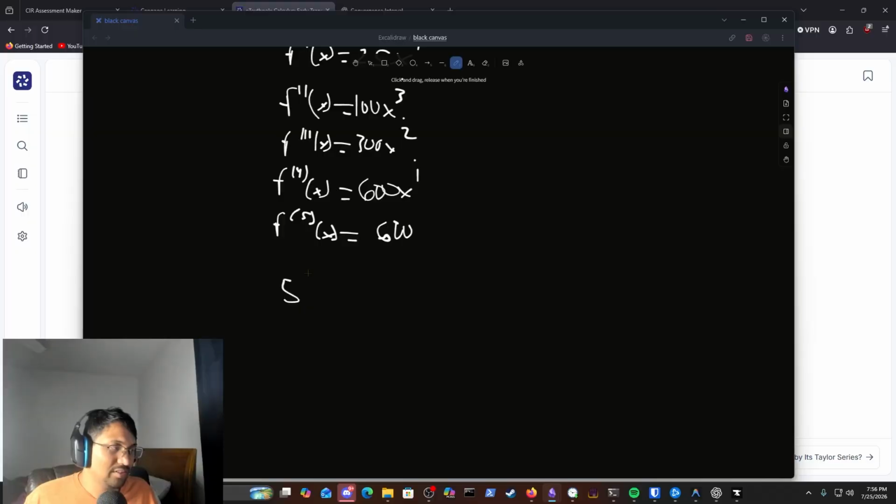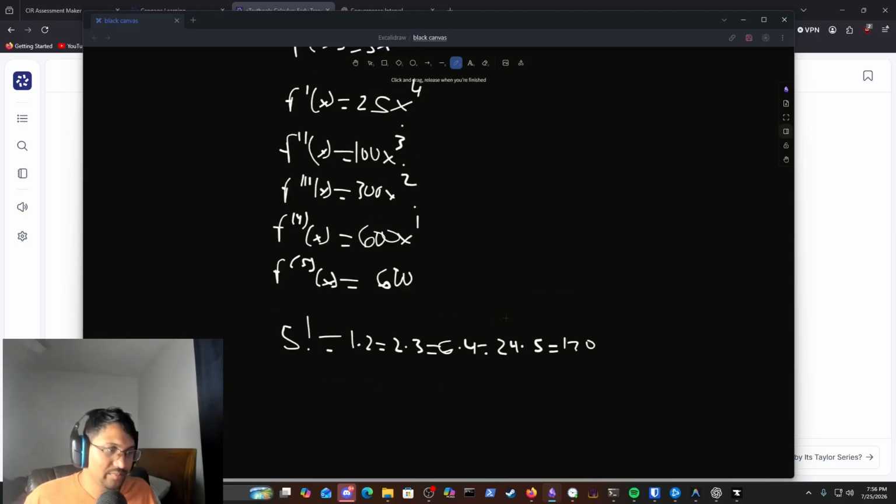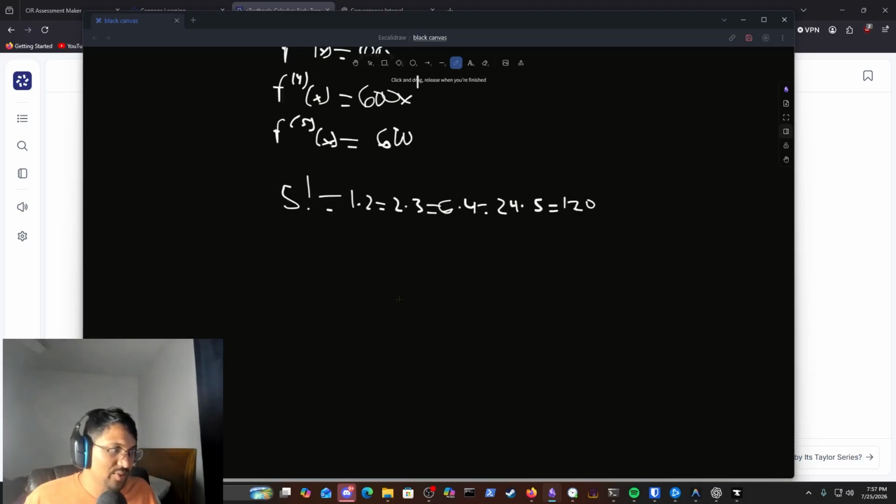Oh, that would be 5 factorial. What's 5 factorial equal to? 1 times 2, 2 times 3, 6 times 4 is 24, times 5 equals 120. So 5 factorial is equal to 120. Well, what if we divide our final coefficient by 5 factorial?